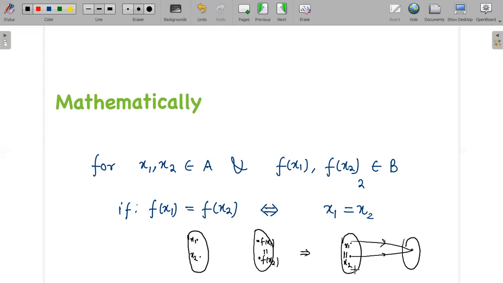If you are equalizing their outputs, only the relation x1 equals x2 should be established. If you can successfully establish that x1 equals x2 is the only reason behind f of x1 equals f of x2, then your function is injective. If some other reason makes f of x1 equal f of x2, then your function is not injective.